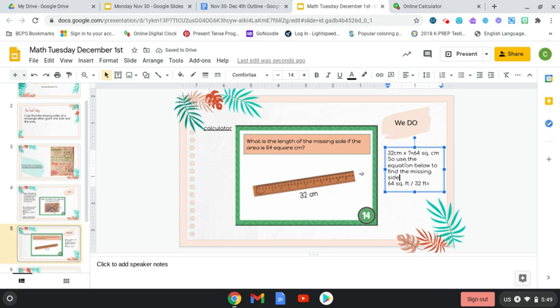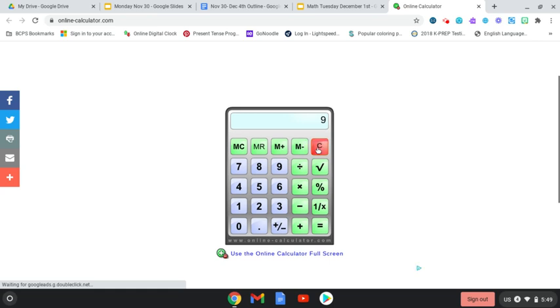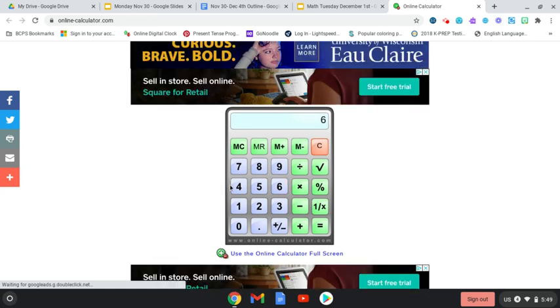Again, you're doing the opposite. If you have to multiply to find the total area, then if you're looking for a missing side but you have the area, you divide. So 64 divided by 32. Again, I'm going to use that calculator because it's there for me. 64 divided by 32, and that gives me 2.